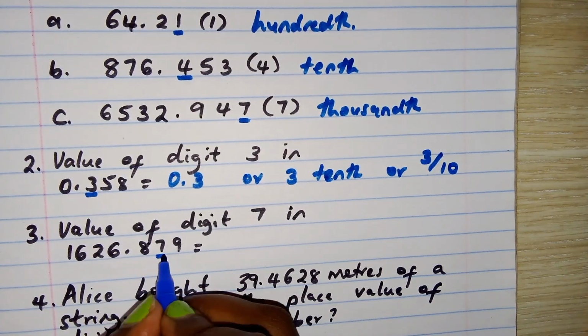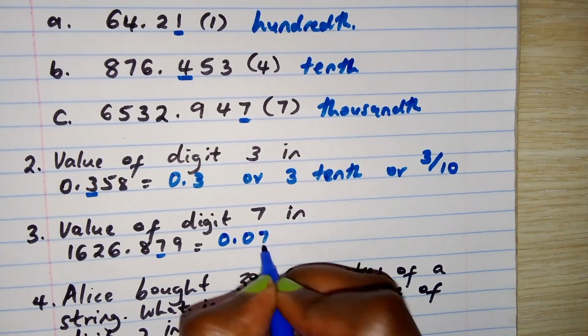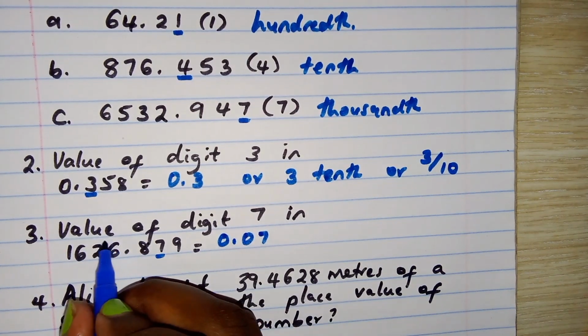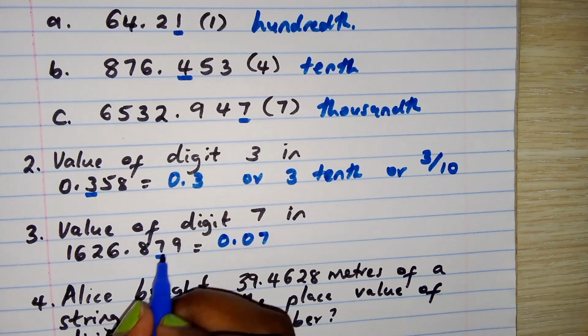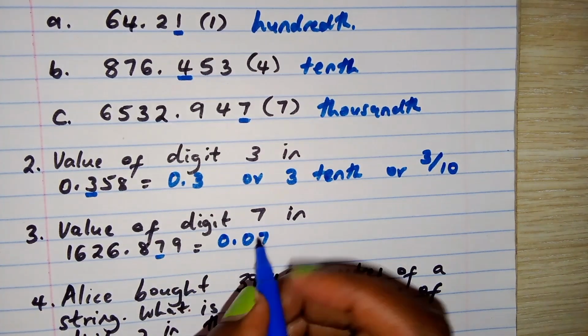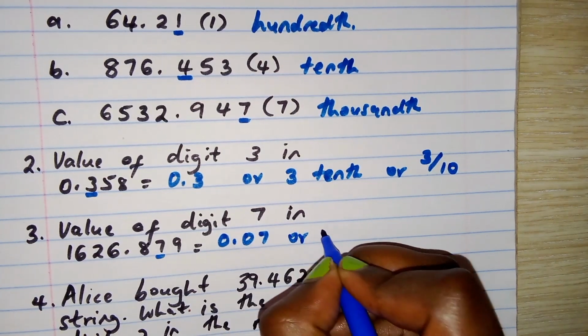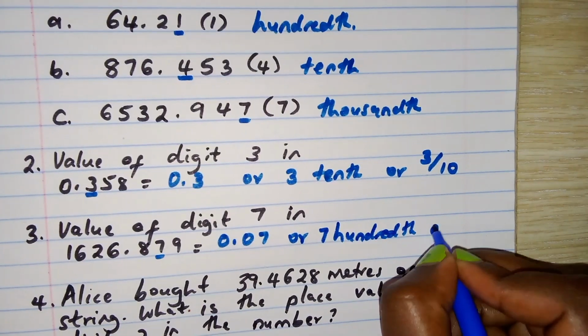Tenths, hundredths, so that would be 0.07. You notice that we ignore the other digits, they become 0, and you only keep the number of interest, 7, or 7 hundredths.